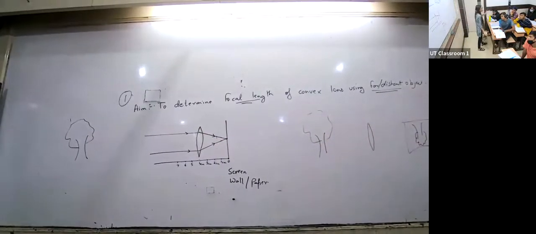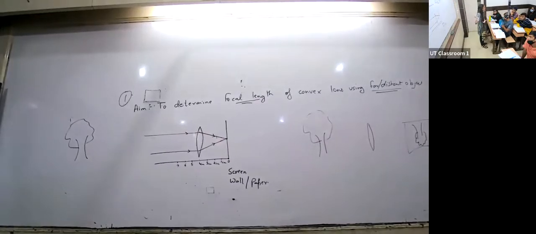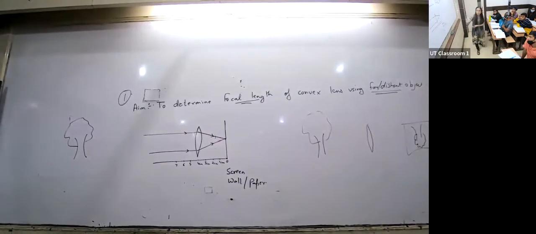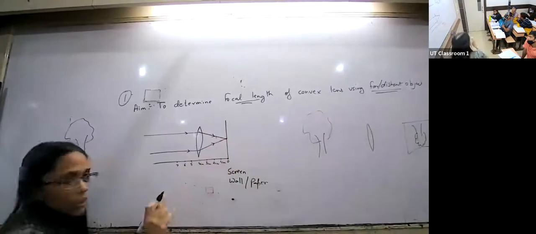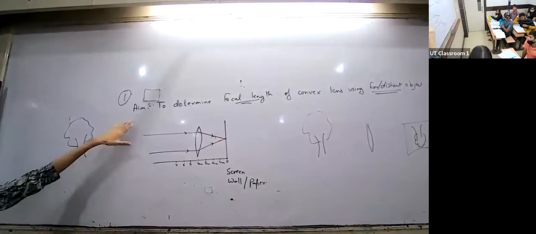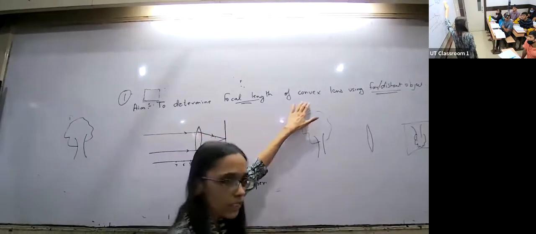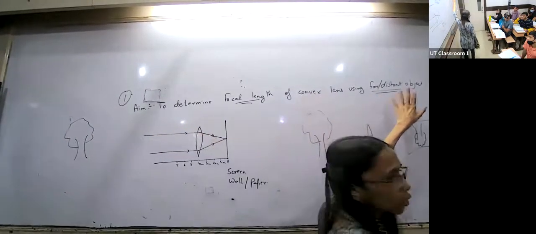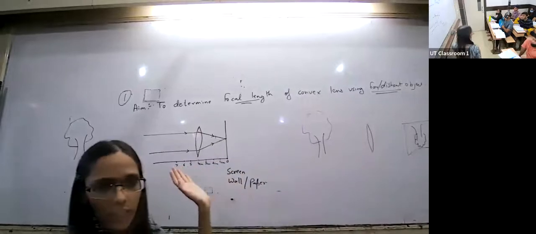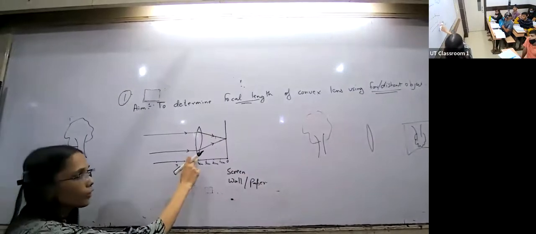Which principle is he using? The question is, a child is determining the focal length of a convex lens using a distant object. Which principle will he use to find the focal length?